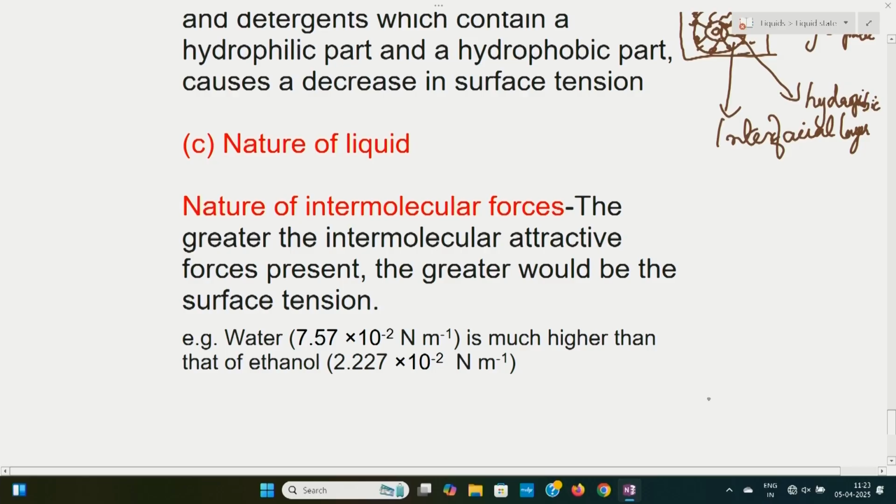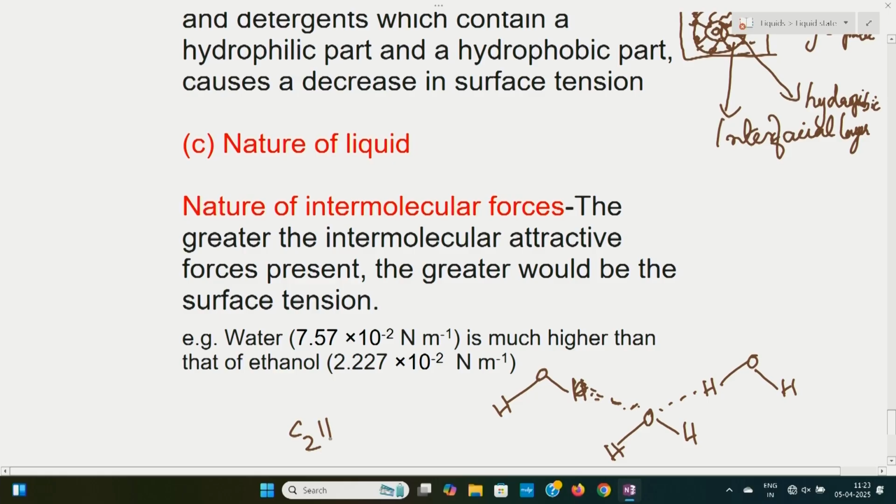If you take the water molecule, we have already seen that it has strong hydrogen bonding. Because of strong hydrogen bonding, the intermolecular forces are strong. Since the intermolecular forces are strong, the surface tension of water will be high.